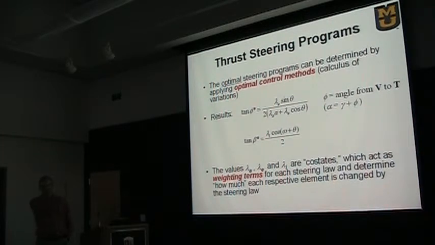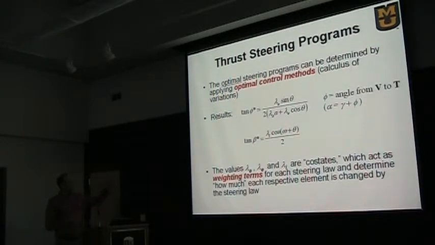I know this is going much further out with background information on optimization and mathematics. But I can think of those Lagrange multipliers, or costates, as weighting functions.